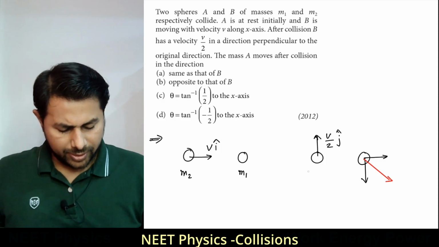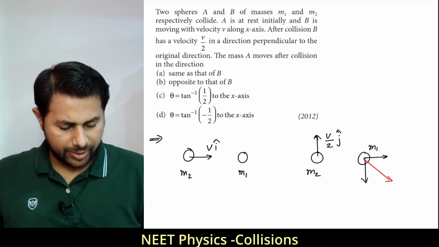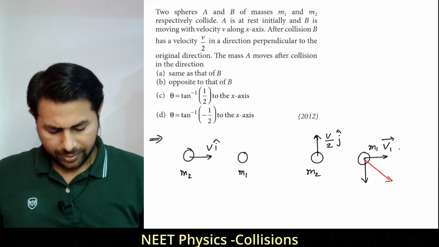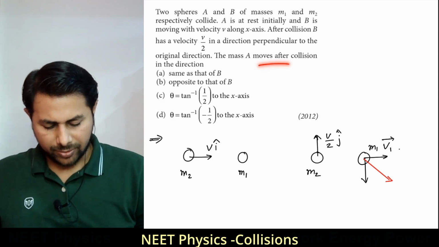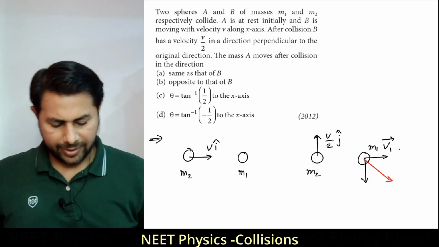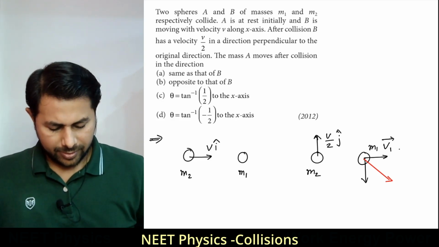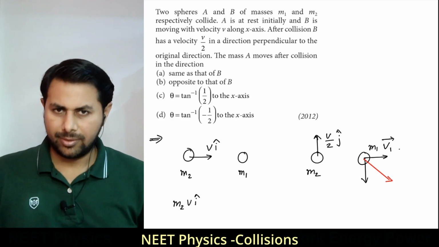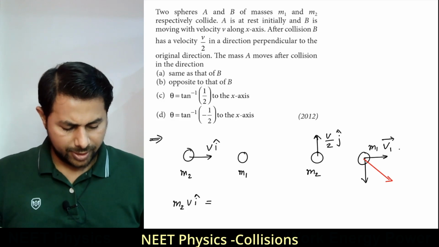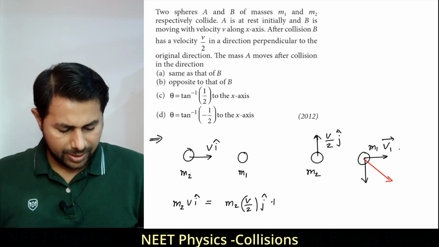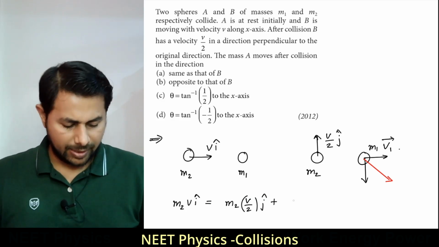Okay, so this is again m2, this is m1, and we want to find out m1 v1 bar. The mass A moves after collision in some direction. So tell me, what we can say is m2 times v into i cap is equal to m2 times v/2 into j cap plus m1 times v1 bar.